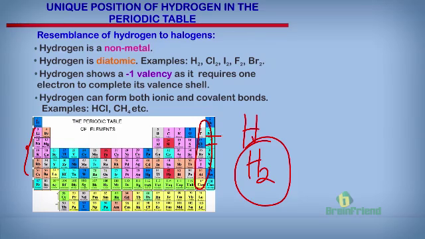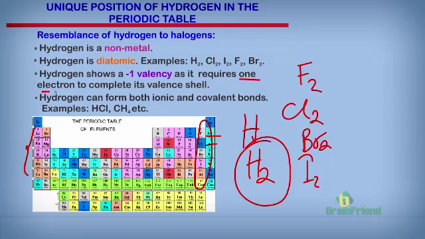Fluorine, chlorine. Chlorine is written this way. Bromine and iodine. They are all diatomic, just as the hydrogen molecule. It shows a -1 valency, as it requires one electron to complete its valence shell.